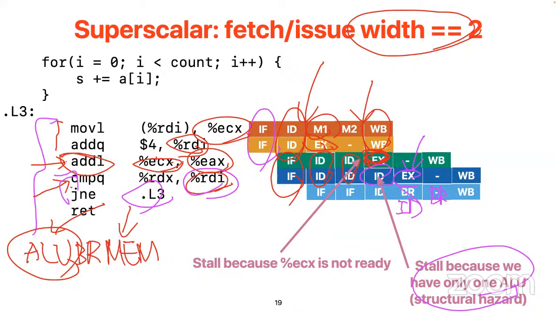So it turns out that the performance gain is very limited, even though my superscalar processor is now able to issue 2 instructions. However, you can see a few things here, right? If I can further improve the performance, for example, if I can make this compare happen before this one, and in fact doing this won't affect the correctness of your code, right?